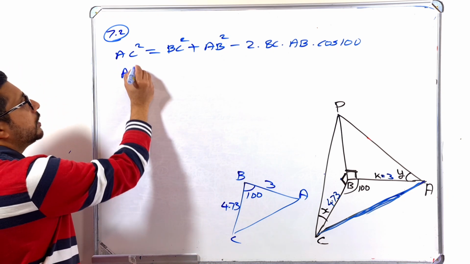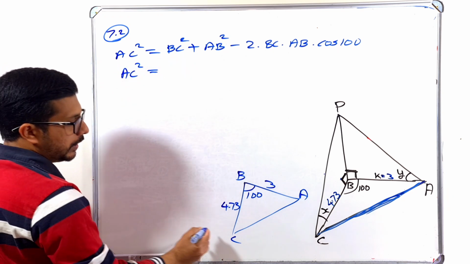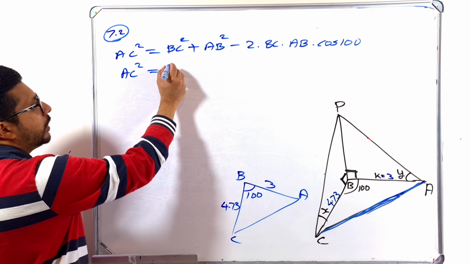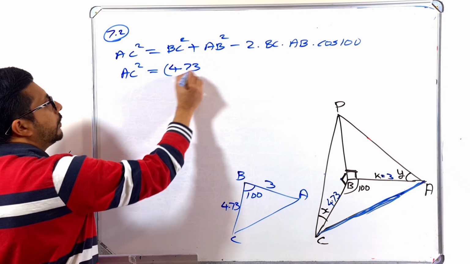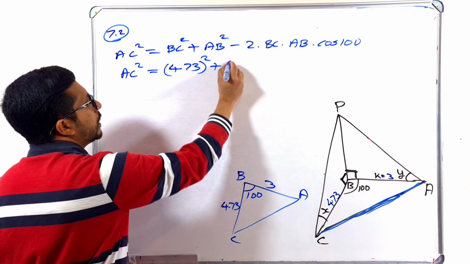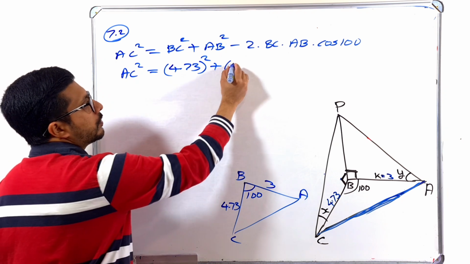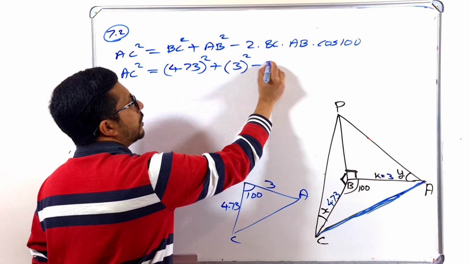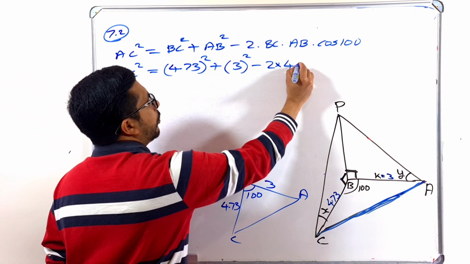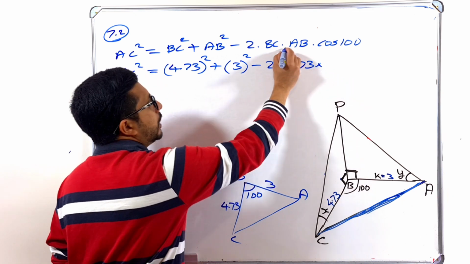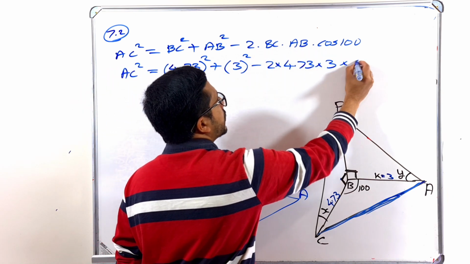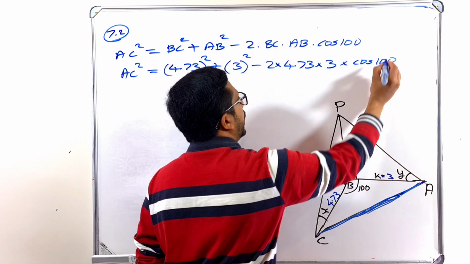AC square is equal to, what is BC? 4.73, so 4.73 square plus, what is AB? 3, so 3 square minus 2 times 4.73 times 3 times cos of 100.